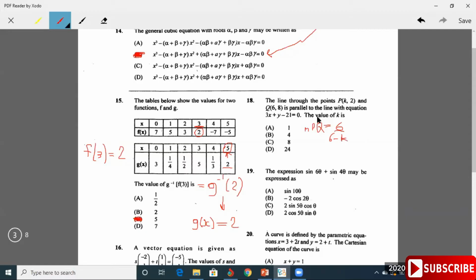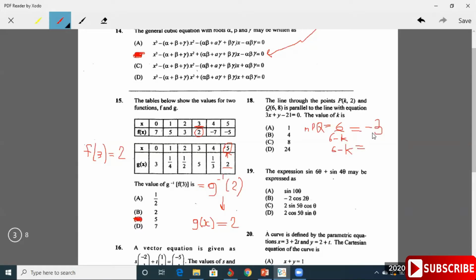But now they said that this line is parallel to the line PQ. And so the gradient of PQ is equal to the gradient of this line, which is -3. So in order for this to be equal to -3, we're solving 6 over 6 minus K equal to -3.